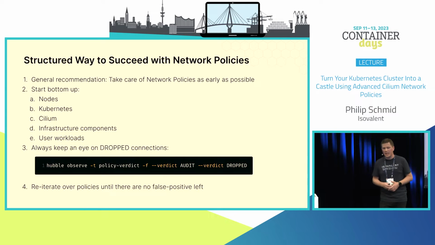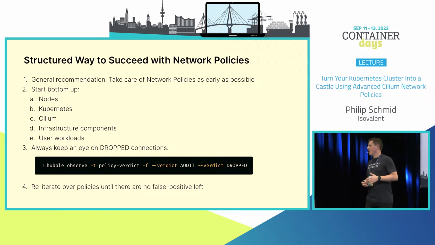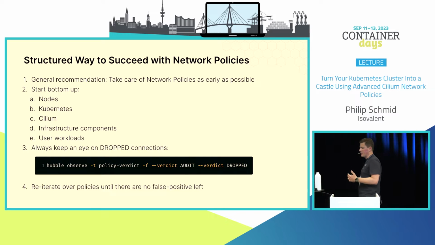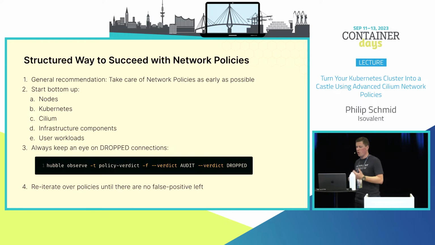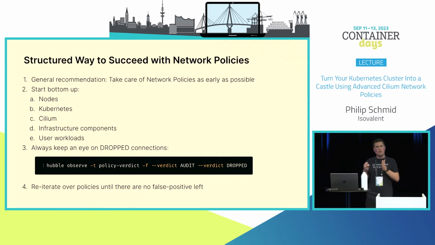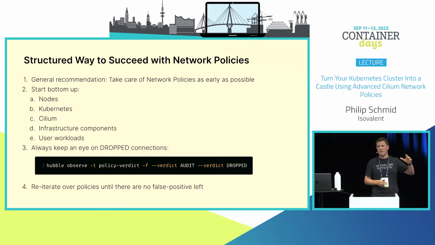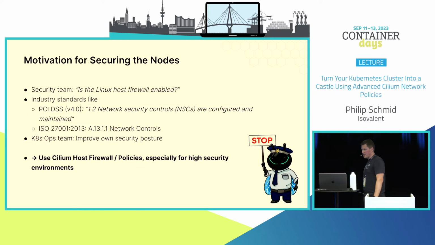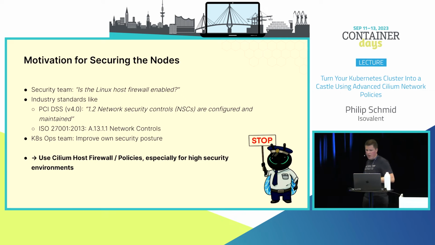Last but not least, this is a process, not something done once, but something that should be done over and over again. The more you redo this, the more refined the end result becomes. So let's first talk about how to secure your nodes.